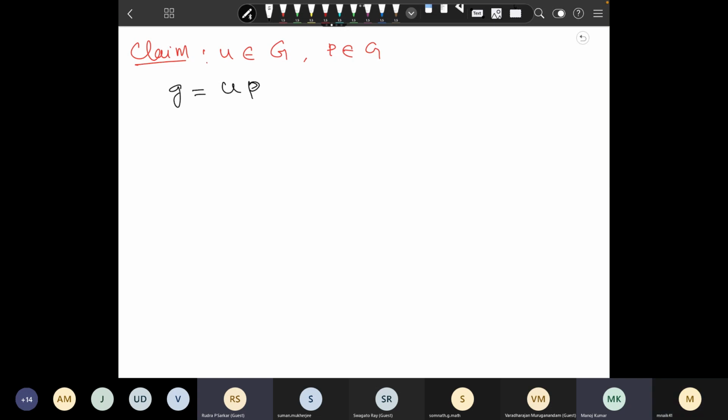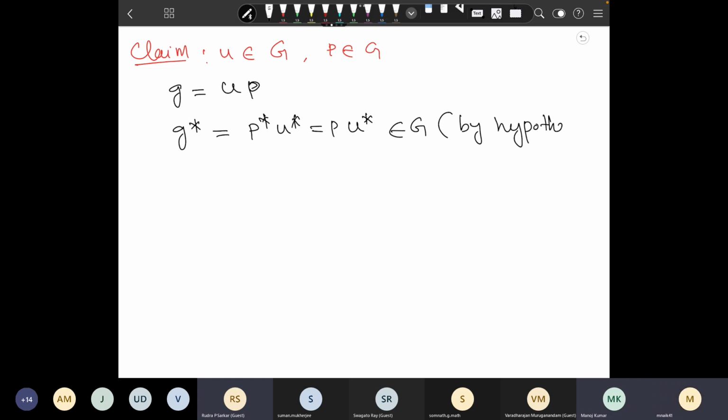By hypothesis, g star is equal to P star U star, which is P U star, and g belongs to G. This g star belongs to G by hypothesis, because this group is closed under conjugate transpose. So g star g, which is P squared, belongs to G, as G is a group.